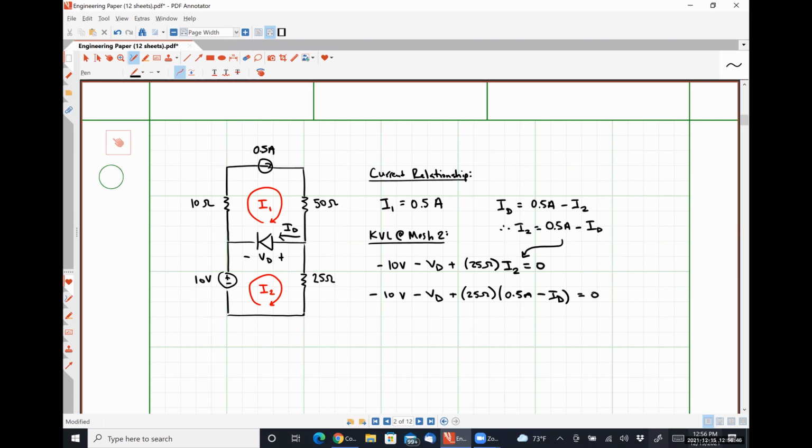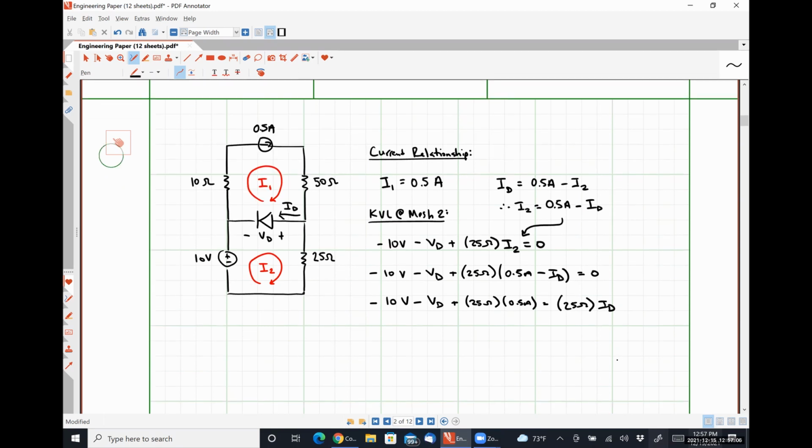I'm going to do a little bit of algebraic manipulation here. Negative 10 minus VD plus 25 ohms times half an amp is equal to 25 ohms times ID.